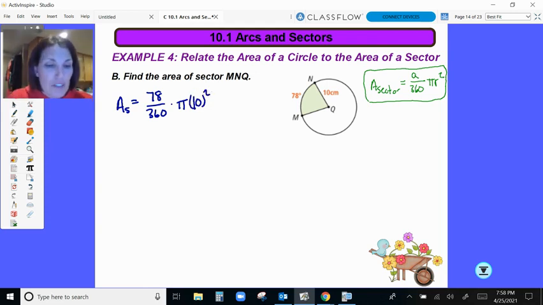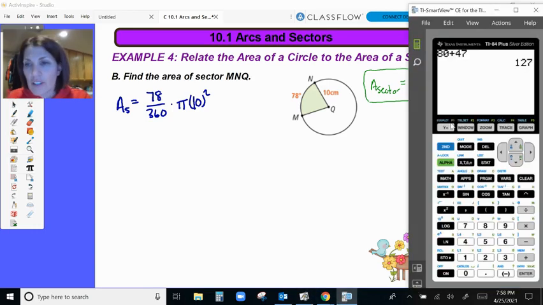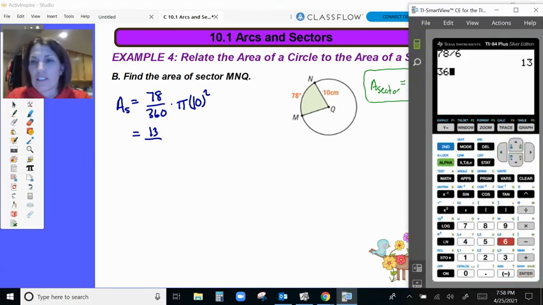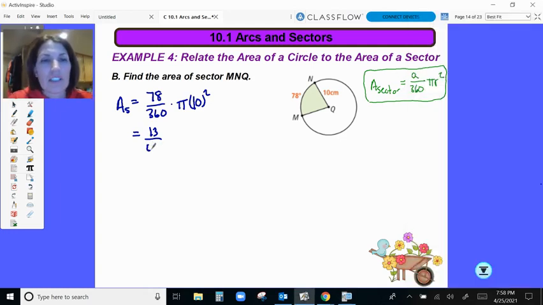If I divide 78 by 6, that's going to equal 13, and 360 divided by 6 is equal to 60. So it's 13 over 60 times 100 pi.